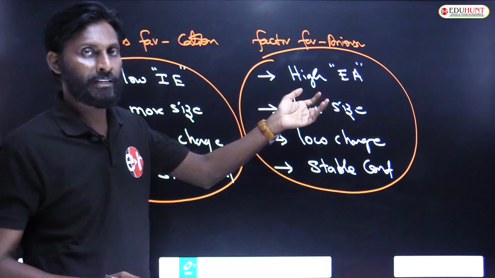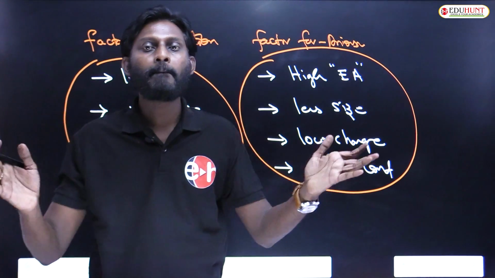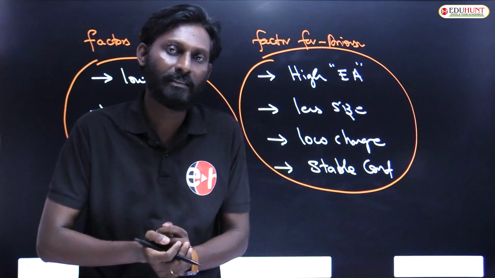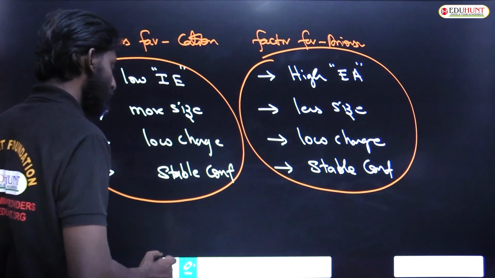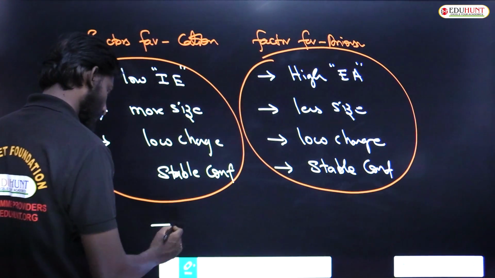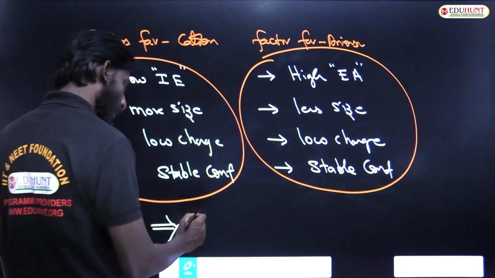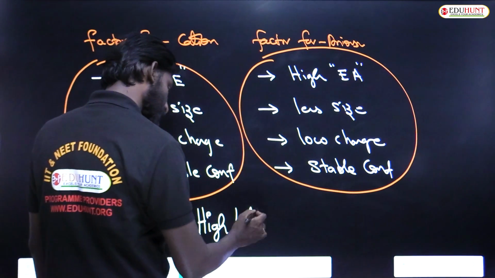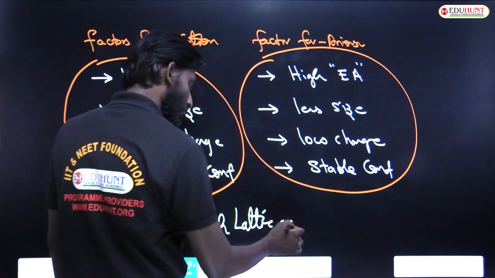Since cation and anion are formed, obviously there is an attraction between them. That attraction is called ionic bond. But after the formation of cation and anion, the next important factor is high lattice energy.